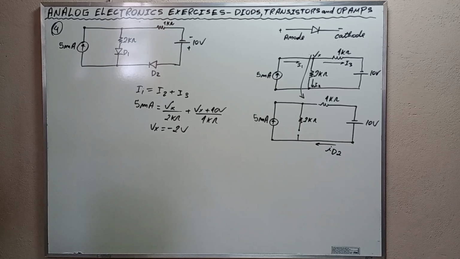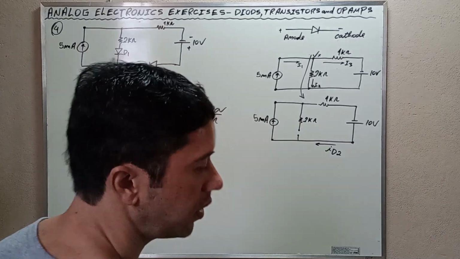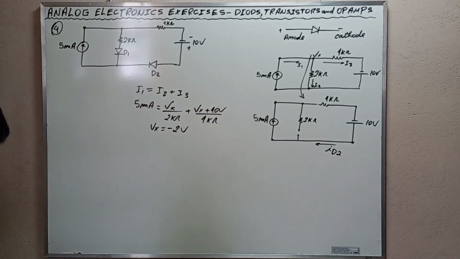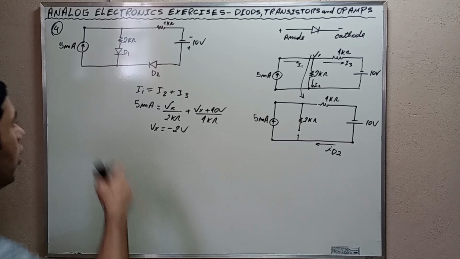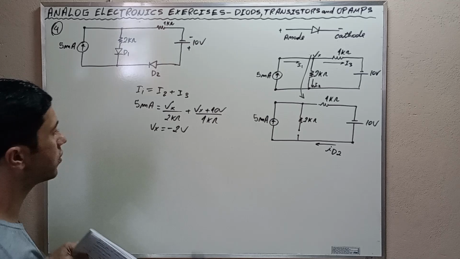D1 is off. Alright? And now let's work with another assumption. This assumption here is not valid because we discovered that they cannot both at the same time be conducting, because D1 is not conducting.